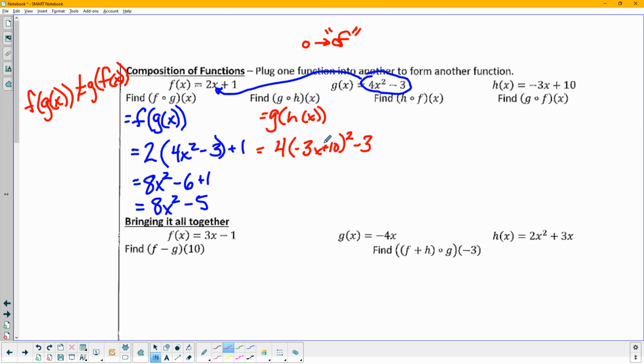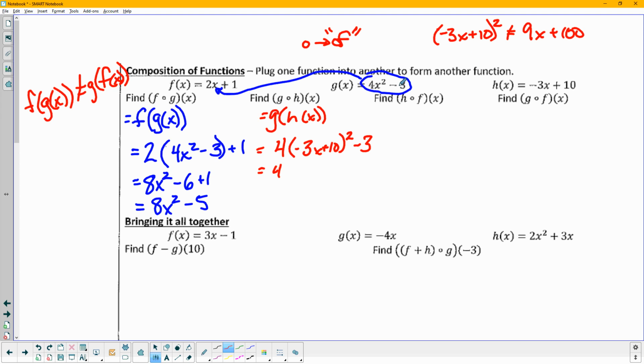Again, what comes first in order of operations? The squaring does. To look at that idea, I can just do it here. One thing that I want to make sure we know, this is always my fun conversation, is that squared is not 9x plus 100.